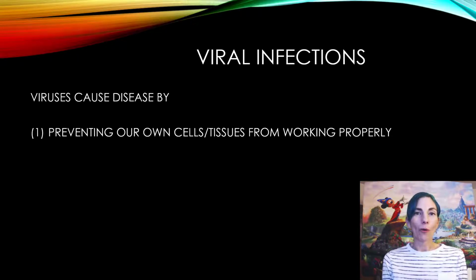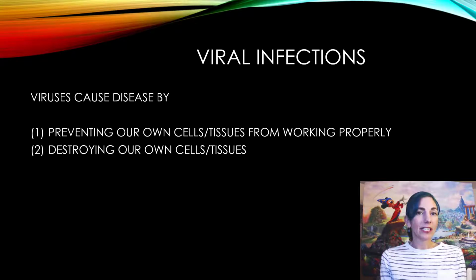So as a consequence, you develop the disease AIDS, which is acquired immunodeficiency syndrome. So again, immunodeficiency means that you are now unable to mount a full immune response because of the HIV virus.